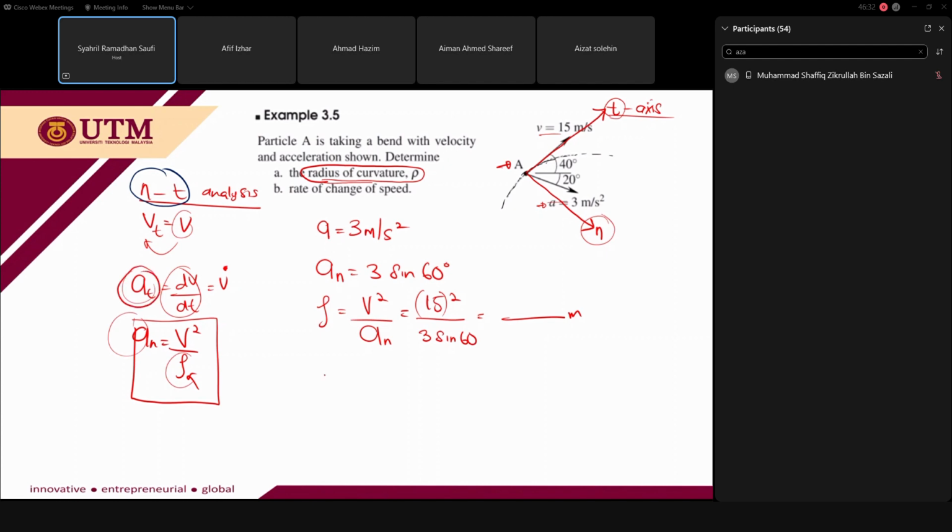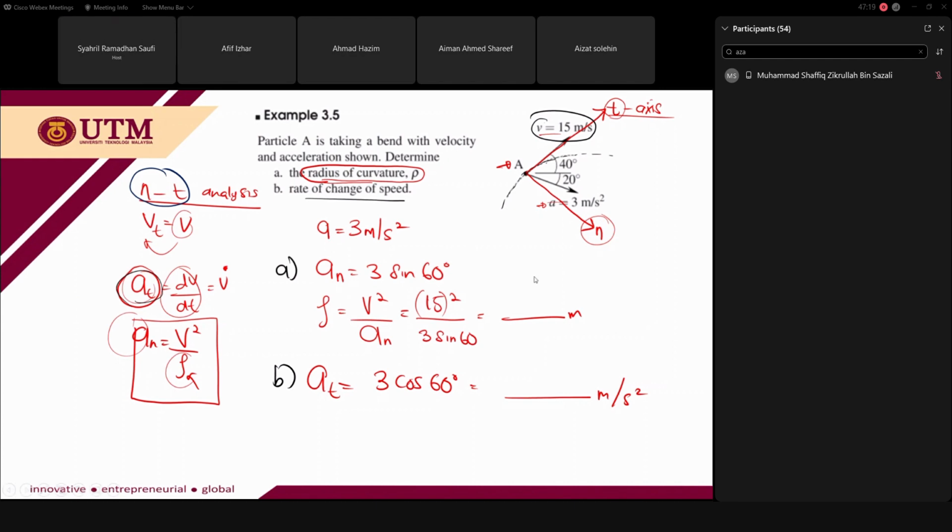Acceleration along the tangent is equal to 3 cos 60 degrees, and then you get the rate of change of speed. This one is for question A, this one is for question B. The rate of change of speed is dv dt, which is along the tangent, because the rate of change of speed is along the velocity line. That's why dv dt is acceleration along the tangent.